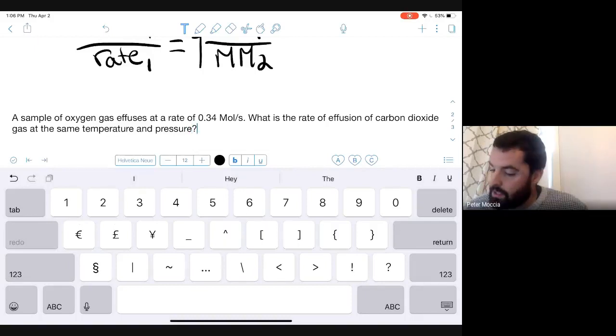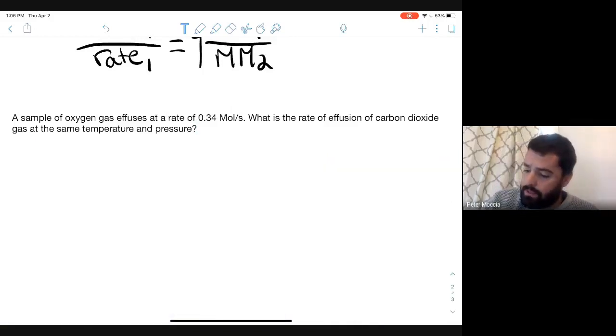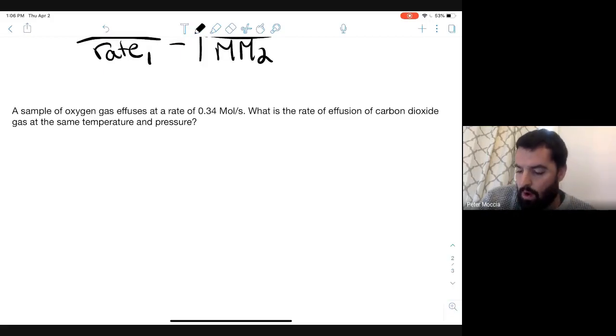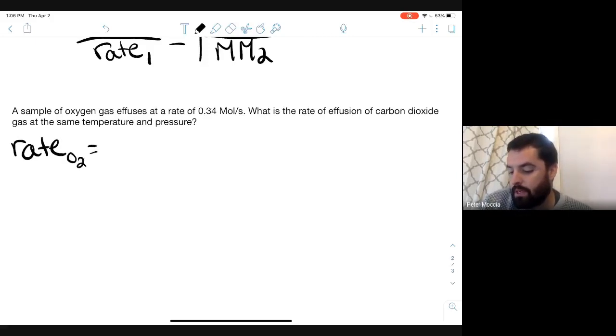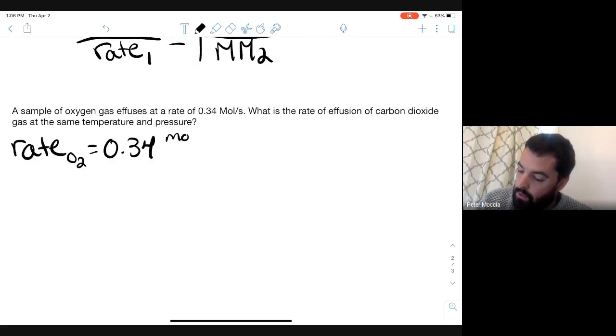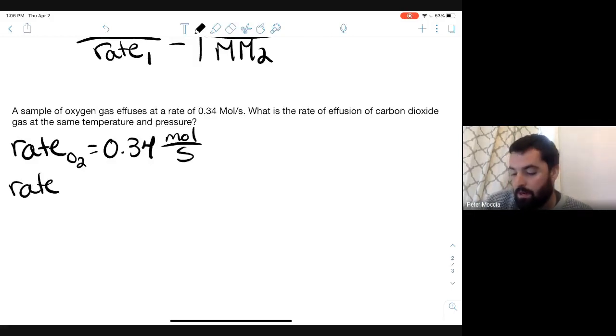Okay. So here I'm going to call oxygen 1. So rate of O2 is equal to 0.34 moles per second. And then the rate of carbon dioxide, CO2, equals question mark.